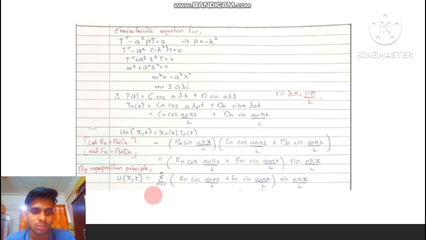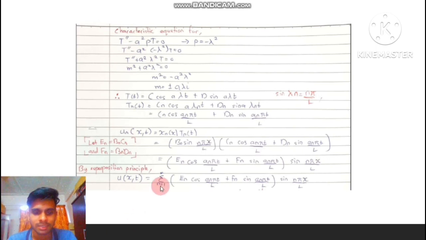From the superposition principle, which states that the sum of two or more solutions is also a solution, since the wave equation is a linear homogeneous differential equation, the total solution can be expressed as a sum of all possible solutions.